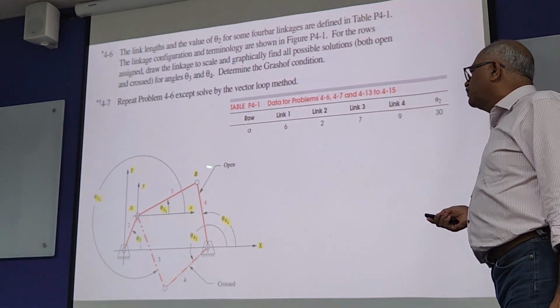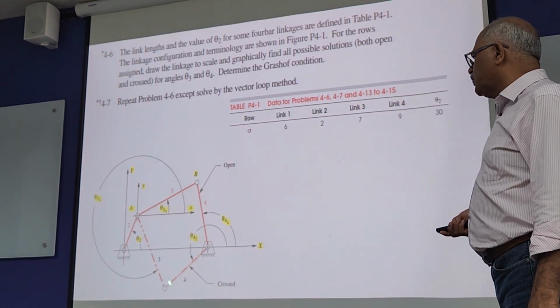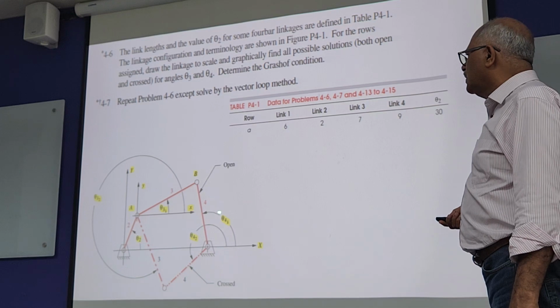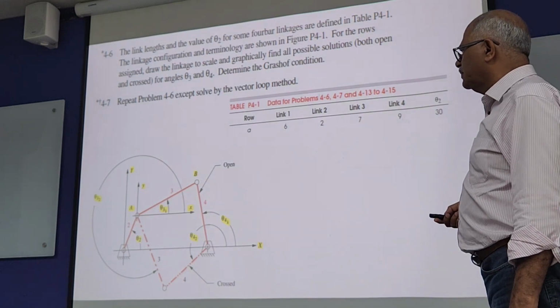You can identify the open position and cross position, but only measure the angle for the open position.